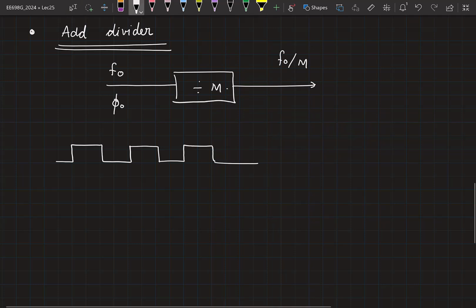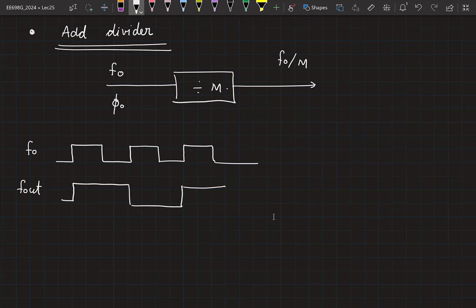Let's say this had frequency F0. I pass it through divide by 2. My F out is going to look like this. Right? Let's say this edge had some phase noise. I'm going to simply call it some phi n here. Right? You know how to convert this phi n to some Tn.